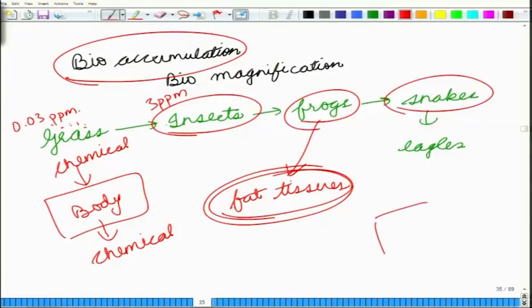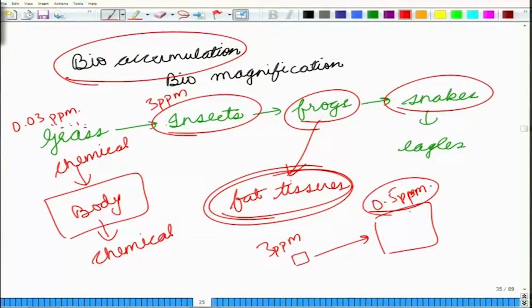If you consider the chemical in the body of one insect, and let us say it is 3 ppm on average, and a frog of a larger size eats an insect of this size, then when it gets into the body of the frog it will become a reduced concentration. Let us say it becomes 0.5 ppm, because it is getting diluted, because the mass of the frog is much larger.